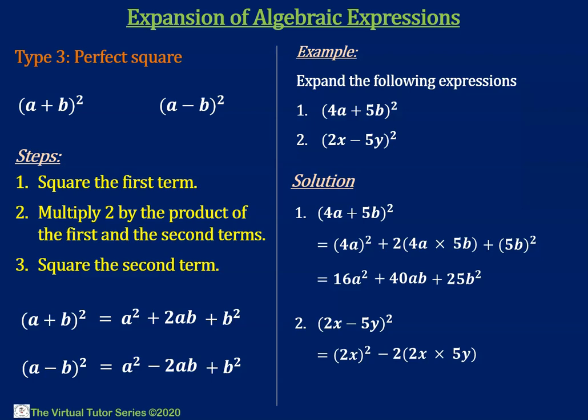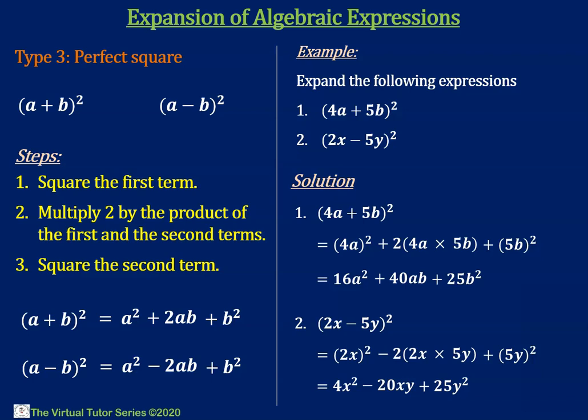And the square of the second term is (5y) all square. (2x) all square is 4x square. 2x times 5y is 10xy. And 2 times 10xy is 20xy. Finally, (5y) all square is 25y square. Good job!